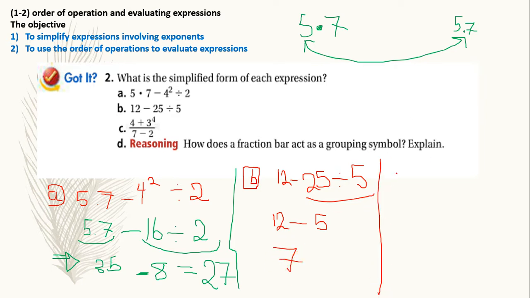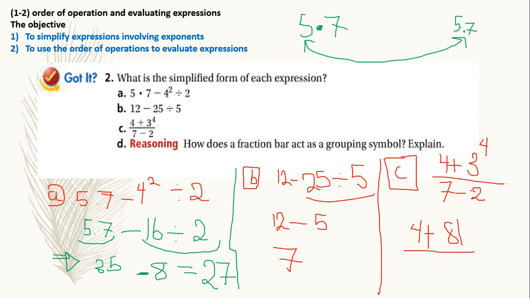The last one, C. 4 plus 3 to the power 4 over 7 minus 2. So I will do the numerator and the denominator separately, as I did a few minutes ago. For 4 plus 3, first I have to do the power: 3 to the power 4 is 81.